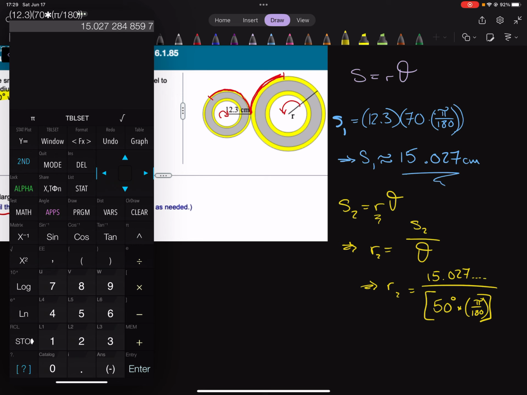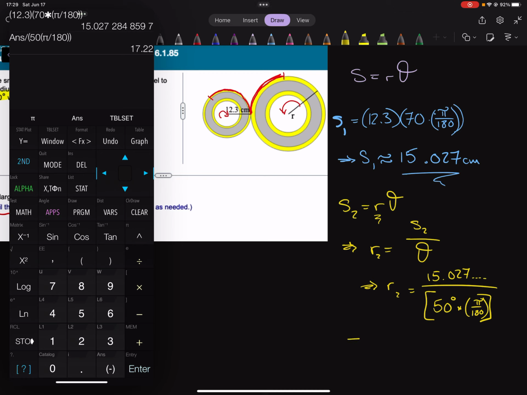I'll just go up and hit enter. I want to take all of that, or you can use the answer key. The answer key is also pretty supreme here, second in answer. That way there's no rounding at all. Then I'm going to use a parenthesis. So that answer divided by 50 times pi over 180, close, and bam.